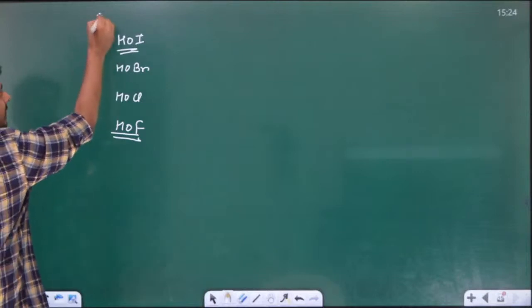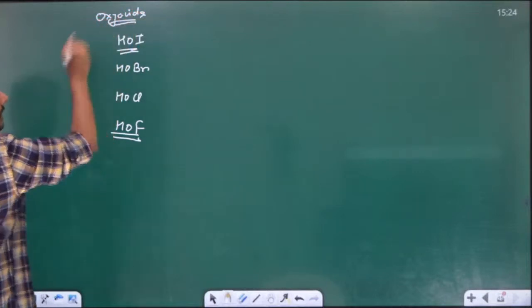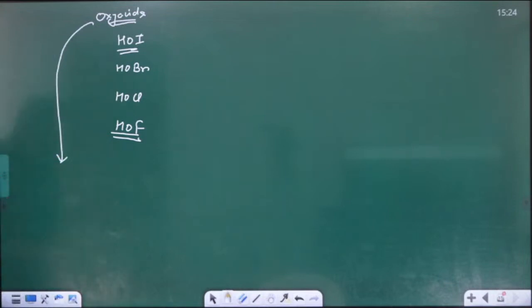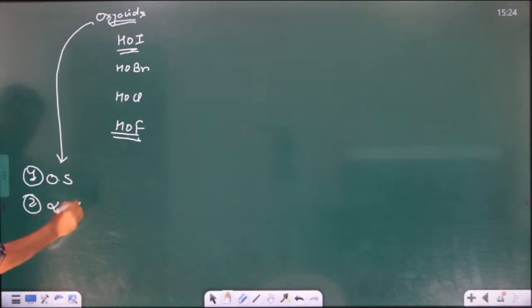So these are basically oxy acids. In oxy acids, how we determine the acidic strength is by two factors. One is by looking at the oxidation state, and second is that oxy acid acidic strength is directly proportional to the number of double bonded oxygens, and it is inversely proportional to the number of OH, right?